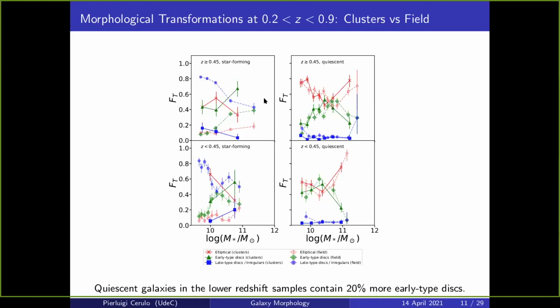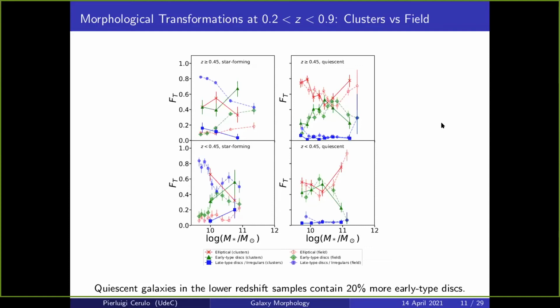But we cannot draw any statistically robust conclusion, because the cluster star-forming sample that we managed to build was too small. So let's focus on the right-hand side of the plot, the quiescent galaxies.